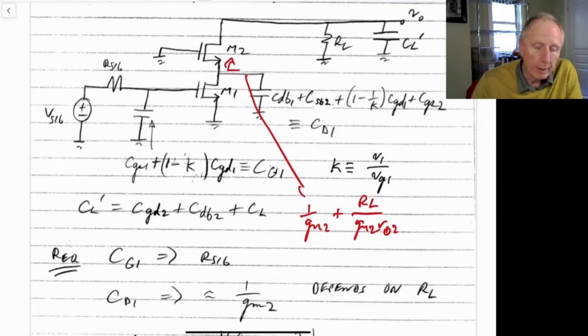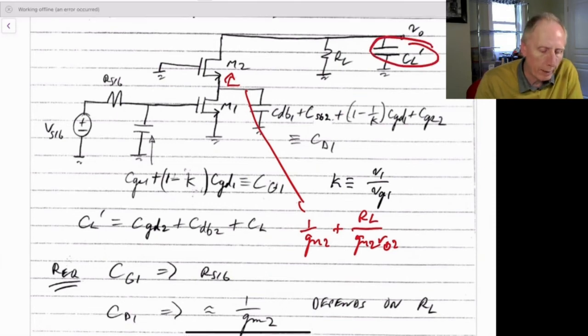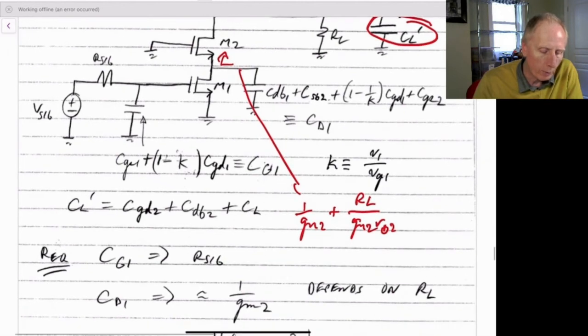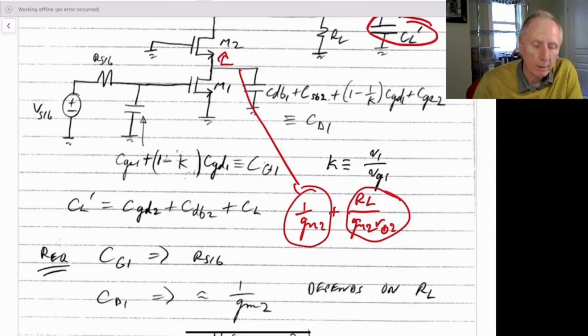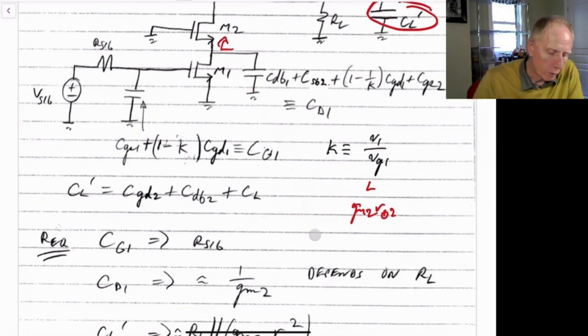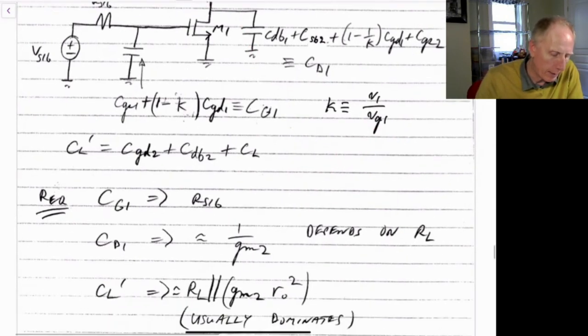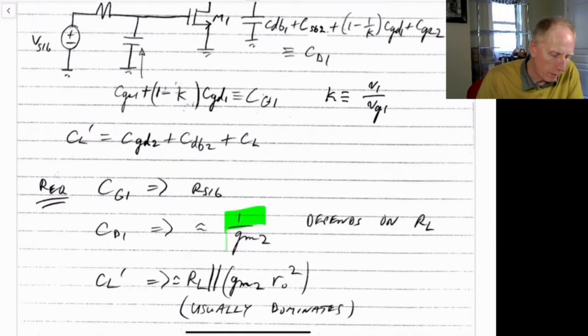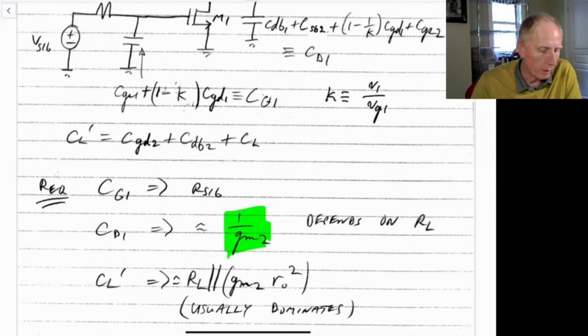Or in the case where RL is quite large, if it's also GM R0 squared, then at a bit higher frequencies, we'll see that this capacitance comes into play, so the impedance starts to look lower, and it still gets dominated by this impedance here, because this gets divided by GM R0 as well. So in both cases, this ends up being the impedance roughly that sets the pole frequency for the capacitance at the drain of M1.